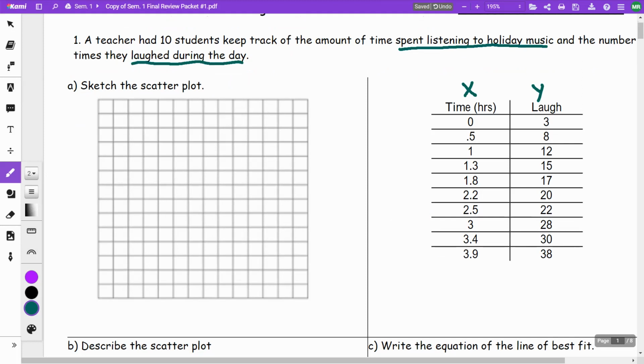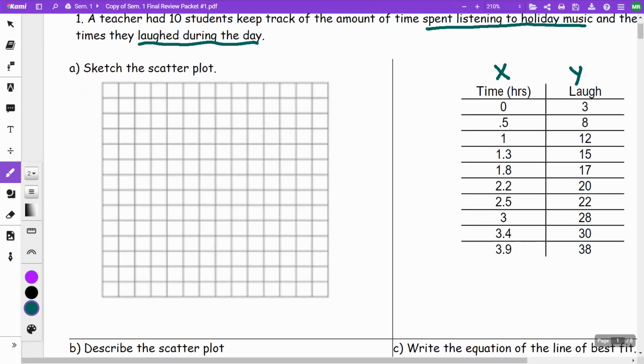laughs laughed during the day. So I am going to scale my X and my Y axis.